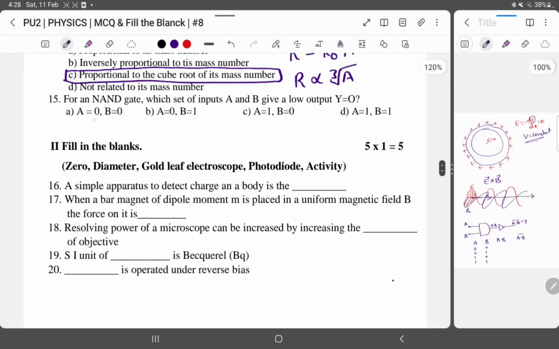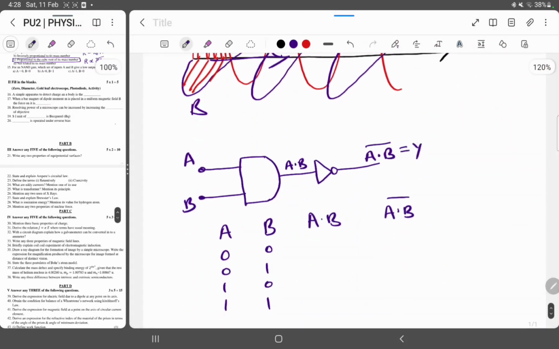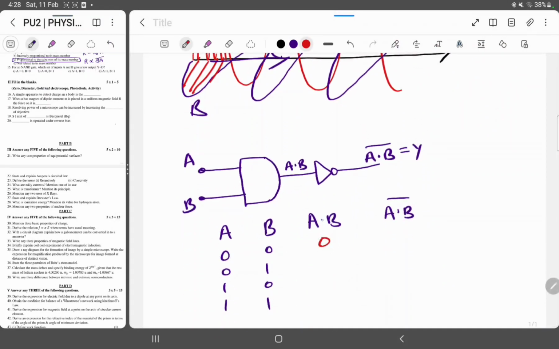Those are the inputs given here. For which one will you get output 0? Let me check. If it is 0, 0, the output will be 0. You can consider it like this: 0 into 0 is 0, 0 into 1 is 0, 1 into 1 is 1. These are the outputs for the AND gate.